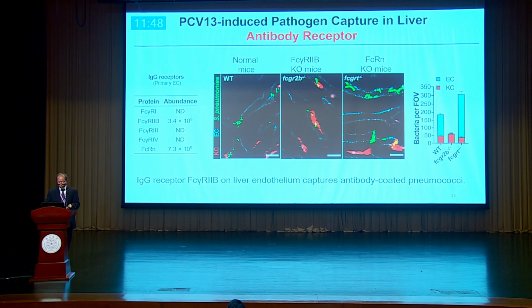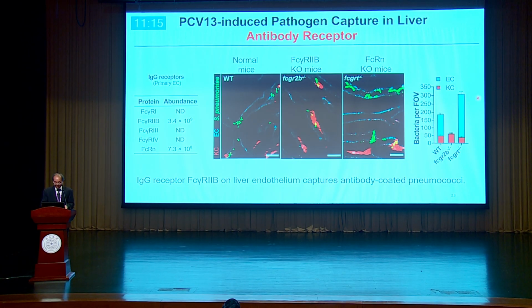To make a long story short, through various methods we identified the low affinity IgG receptor, Fc gamma RIIb, as the receptor on the endothelial cell that is responsible for capture of the antibody-coated bacteria. So this is the wild type. It has a lot of bacteria captured on the endothelial cells. If you knock out Fc gamma RIIb, only macrophages can capture bacteria, not endothelial cells.